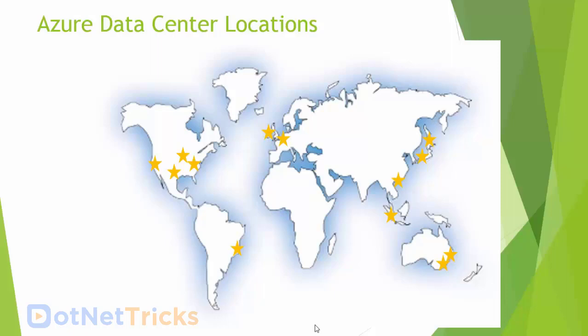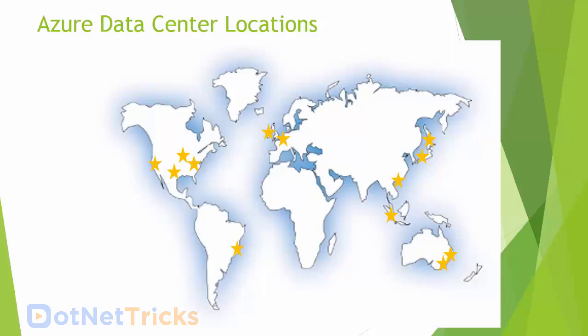Initially they started with Central US, East US (Virginia), North Central US, South Central US (Texas), California, North Europe, West Europe (Ireland, Netherlands), East Asia (Hong Kong), Southeast Asia (Singapore), Japan East, Japan West, Brazil (Sao Paulo), Australia East (New South Wales), and Australia Southeast (Victoria). So these are the multiple locations where Microsoft Azure data centers are located as of now.